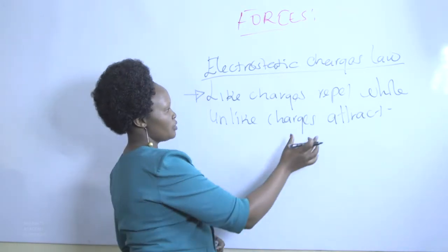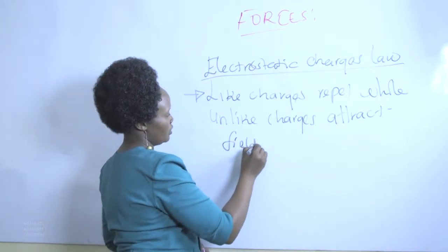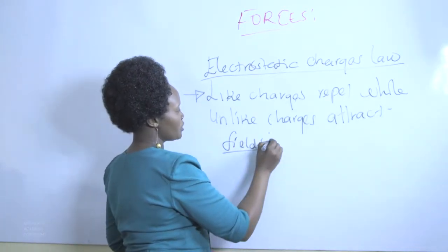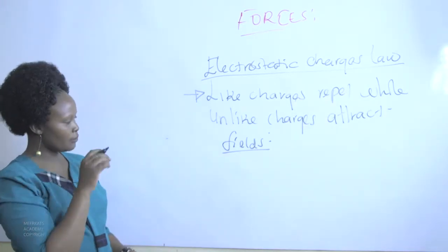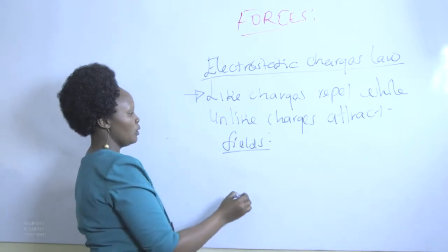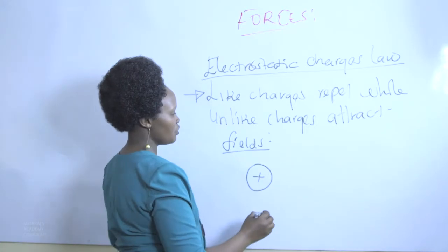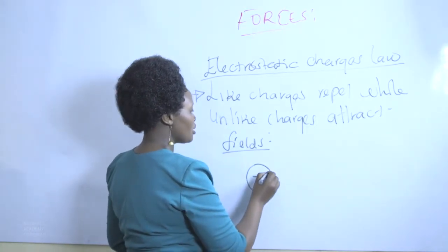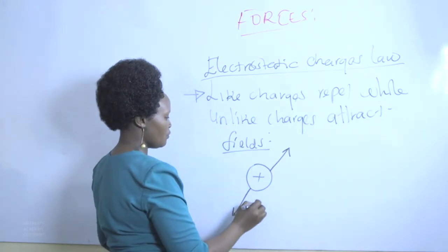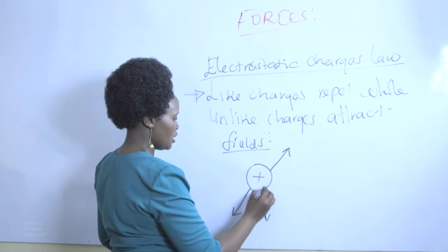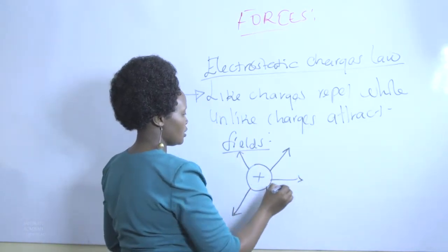Now, based on this, you can come up with fields around charges, and we will start with the obvious. If you have a positive charge, the field lines will always originate from the positive charge and go towards the negative charge, like that.